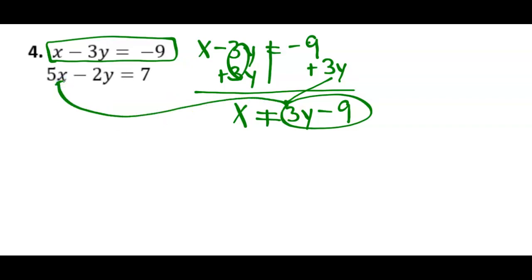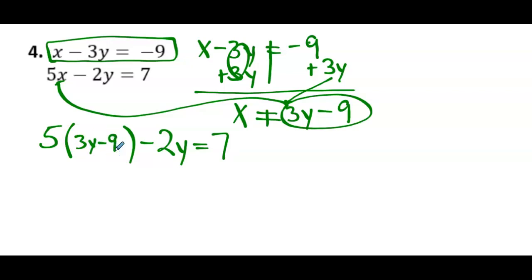So I'm going to rewrite my second equation. I'm going to put parentheses where that x is because I'm going to replace that. I've got a minus 2y equals 7. What's going to replace the x? 3y minus 9. All right. I've got to solve this.